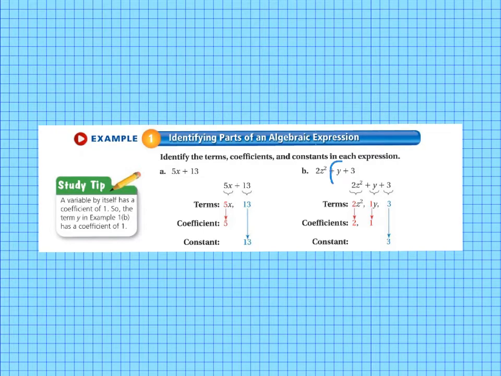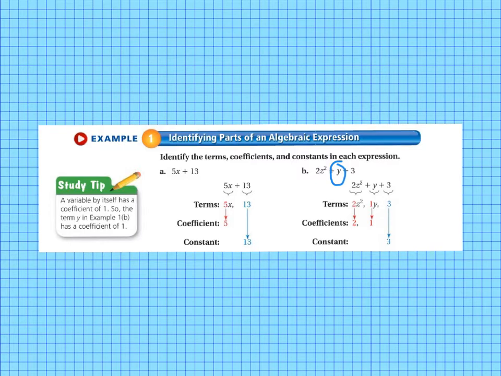Here's the y. And if you ever see a variable or a letter by itself in an expression, its coefficient, the number sitting in front of it, is 1. So it's invisible. We don't write that 1 there all the time, but it's there. And it's important that you know that, and you'll see how that comes up later.